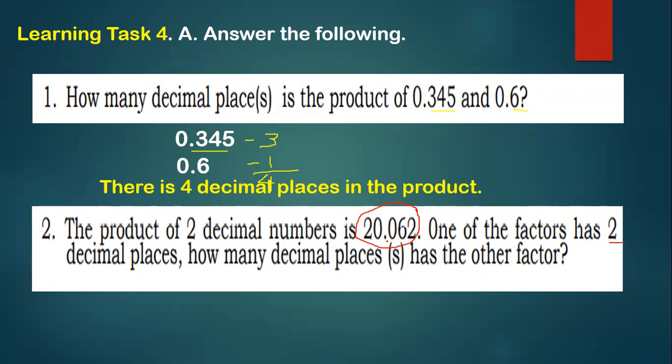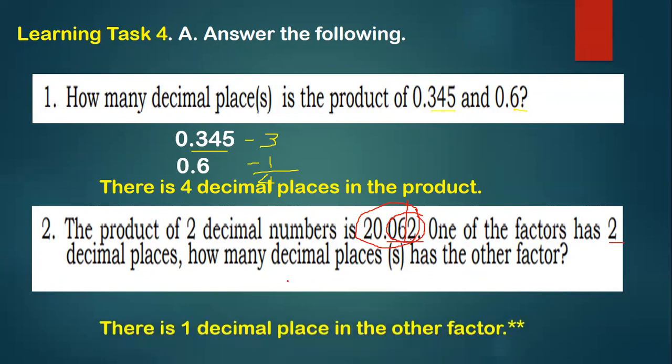Kung makikita ninyo dito sa product niya, meron siyang 3 decimal places. So kung ang isang factor ay merong dalawa, so ilan yung isa? Merong isa lang kasi ang total ng decimal places niya ay 3 lang eh. So the answer is there is 1 decimal place in the other factor. Isa lang, kasi ang isang factor ay dalawa, so the other should be 1.